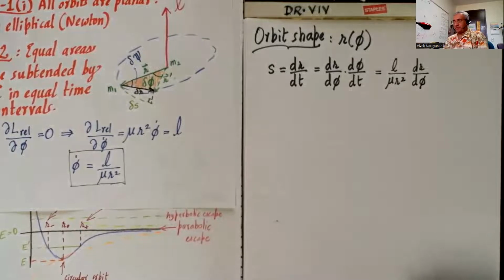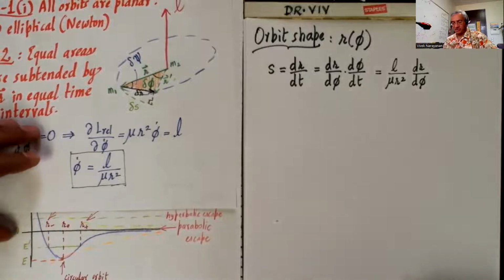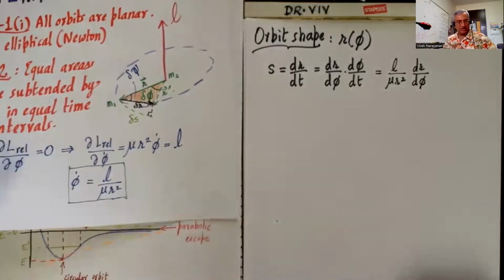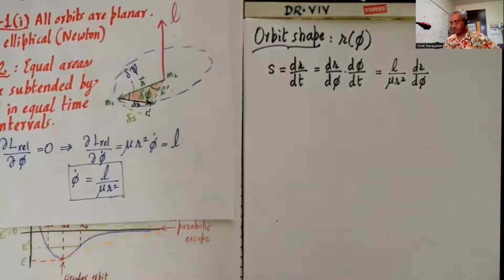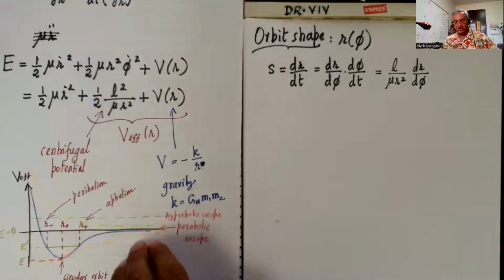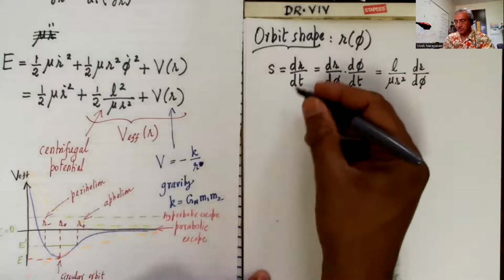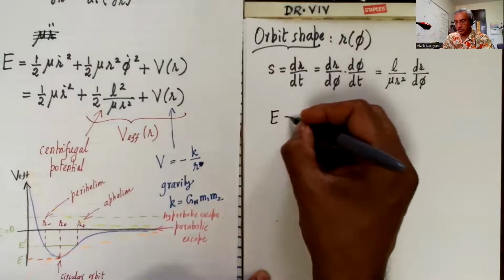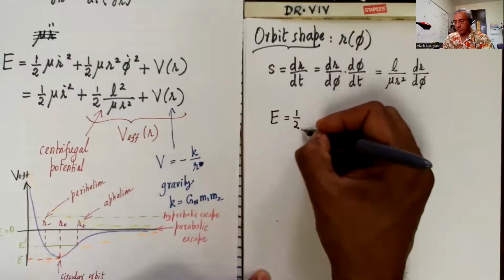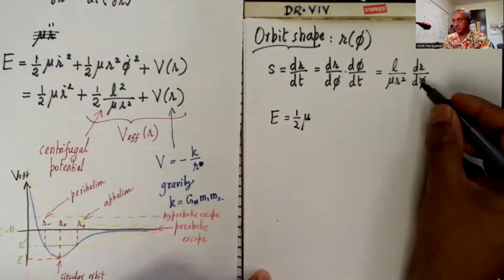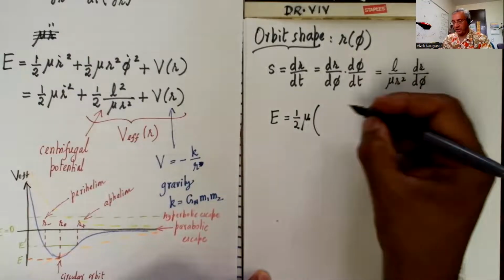So let us write the total energy of the orbit. r dot is S. So E equals 1/2 mu, all of that, squared.